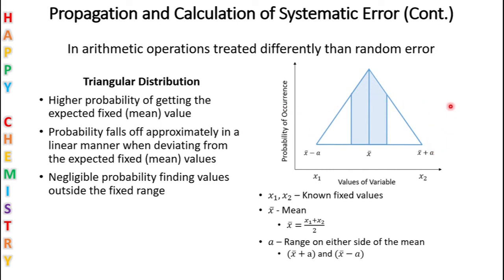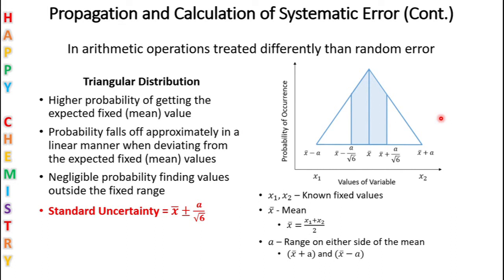The range on either side of the mean is a. To x1, it is x bar minus a, and to x2, it is x bar plus a. The standard uncertainty of this kind of system is given by x bar plus or minus a divided by square root of 6.